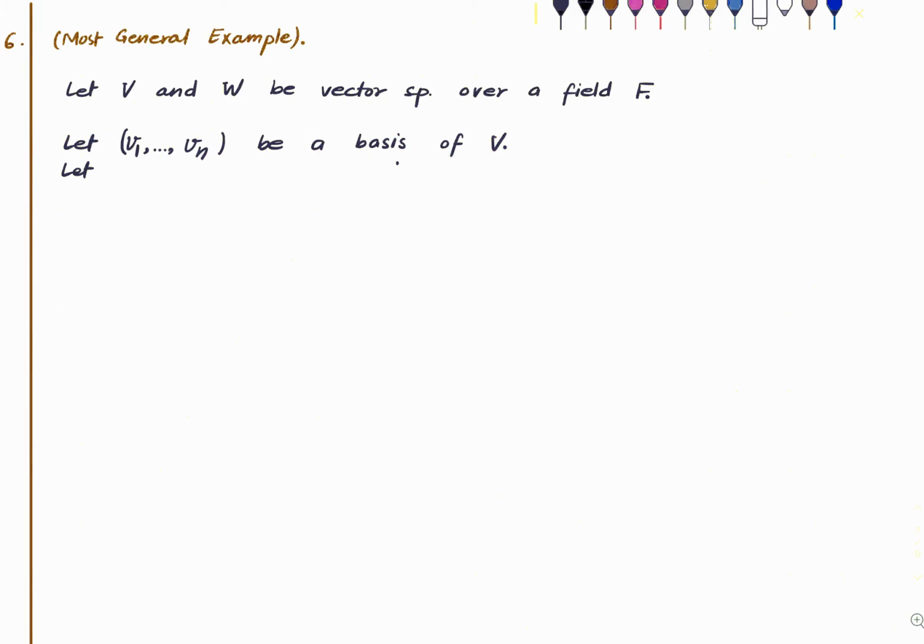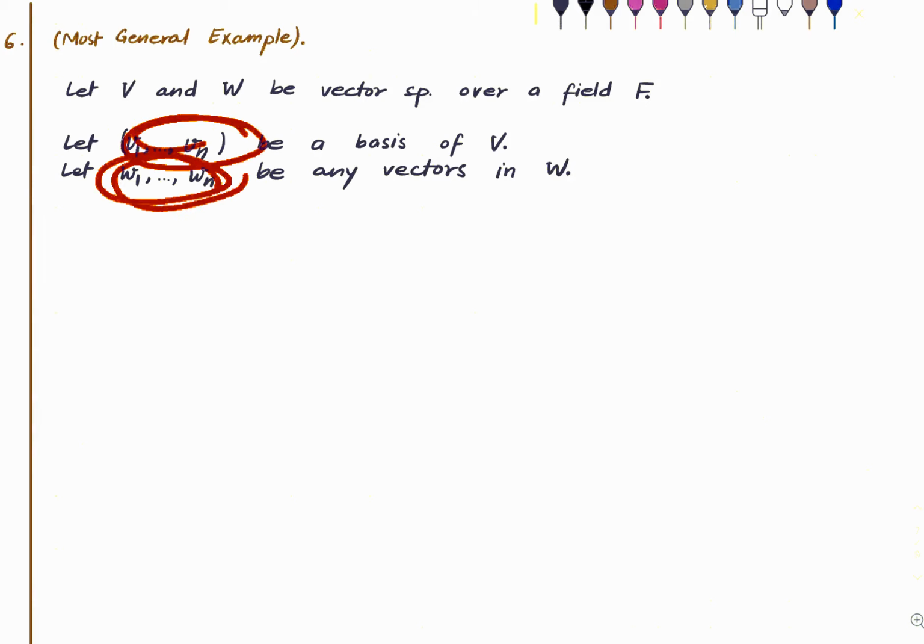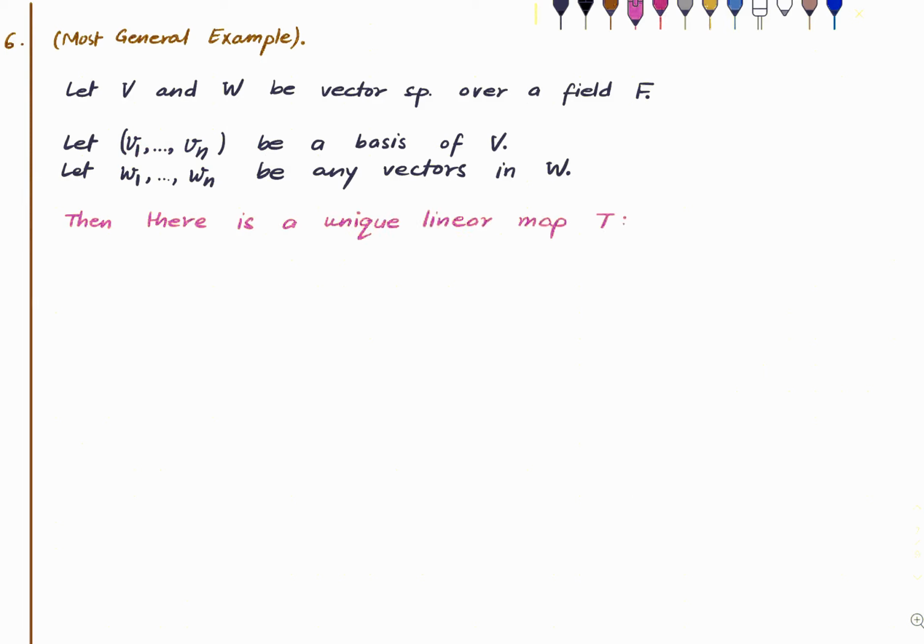So fix some n vectors, W1 up to Wn, be any vectors in W. So we have a basis for V, but we have just chosen any vectors for W. So then what we want to say is that there is a unique linear map from V to W such that Vi goes to Wi. So once you choose where to send the basis elements, you get at least one linear map which respects that choice, and exactly one.